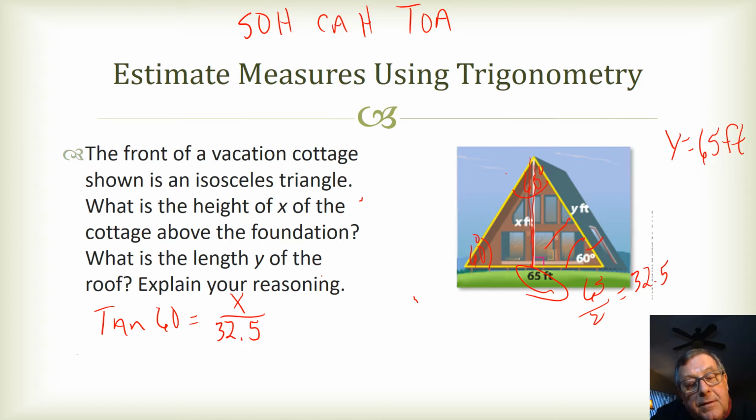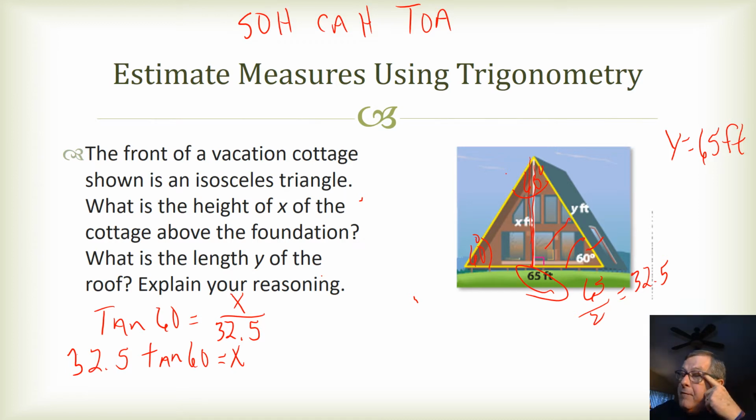And so then X is going to equal 32.5 times the tangent of 60. And that's going to equal X. We've already solved for Y because we determined that it was an equilateral triangle because it was also equiangular. And now we're going to find this height from the foundation to the peak of the roof line by 32.5 times the tangent of 60.